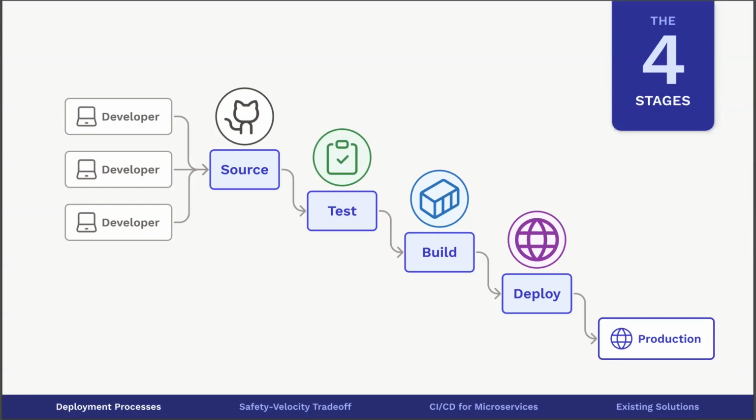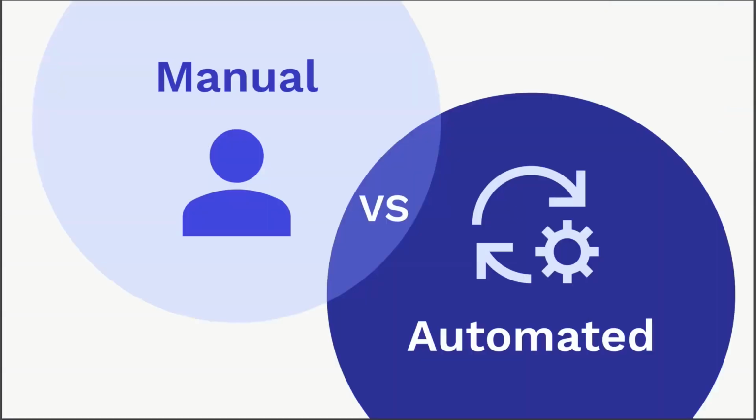Now that we've talked about what a deployment process is, let's talk about the 2 types of a deployment process: manual and automated. Traditionally, humans would manually perform most stages of a deployment process, whether that may be running commands or navigating an interface. Now, most deployment pipelines are automated to some degree.